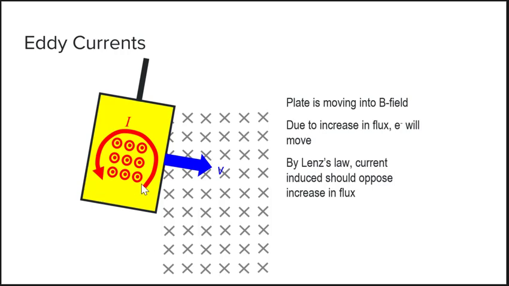Hence, we have a north pole in front of the plate and a south pole behind the plate. For the external field, we see that the field is pointing into the paper. Therefore, we have a south pole. Now, this south pole faces the south pole at the back of the plate. So what happens? Both the south poles will repel each other and a resistive force is produced.